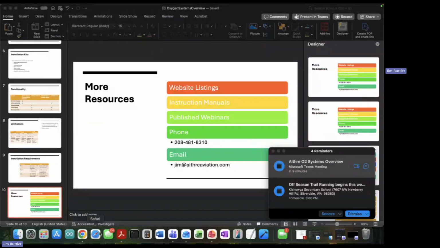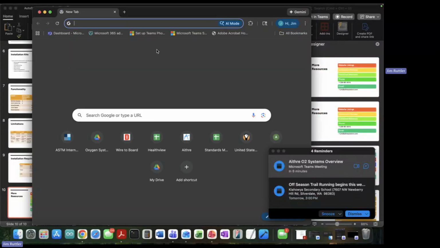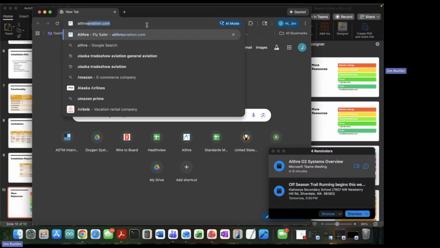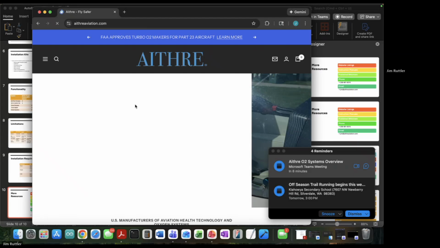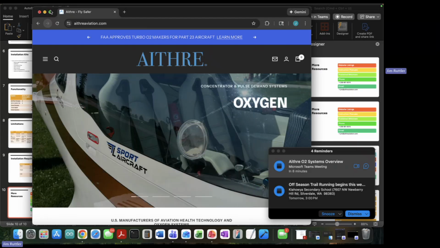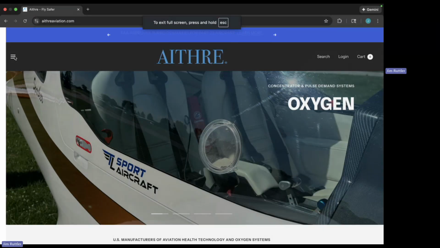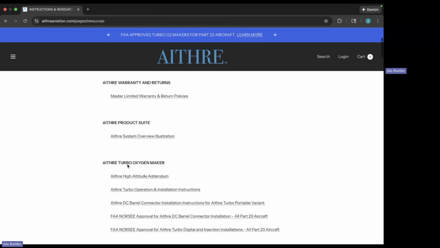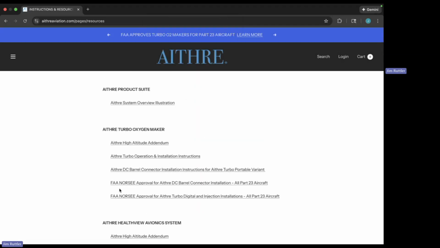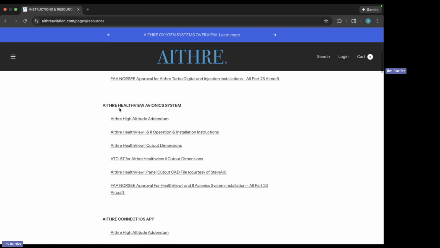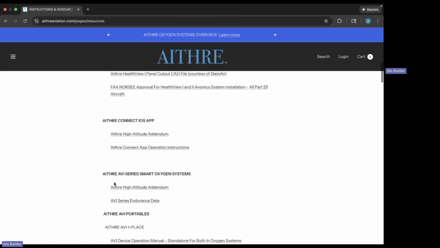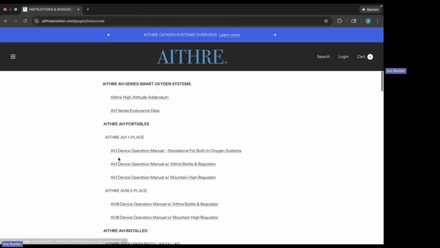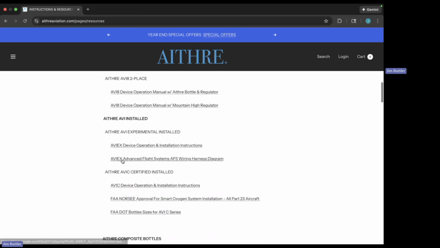Okay, so if you come over to aithreaviation.com, you navigate to the drop-down menu, product instructions, and you'll find the product instructions for the turbo organized all here, the Hellview right below it, and then the AVI system, both the portable and the installed systems, all right here.